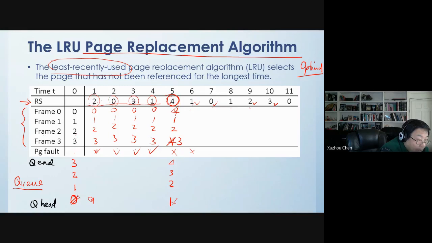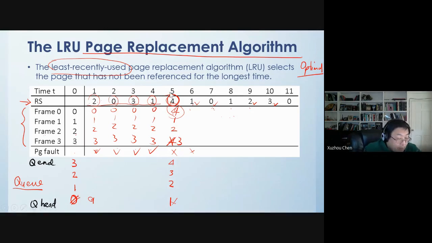Then it comes with page 0. Unfortunately, page 0 was replaced, so you have to bring page 0 back, and we continue. In that case, FIFO is really not a good page replacement algorithm. If you can say what's the advantage of FIFO, the only good thing about it is that it's very simple to implement.